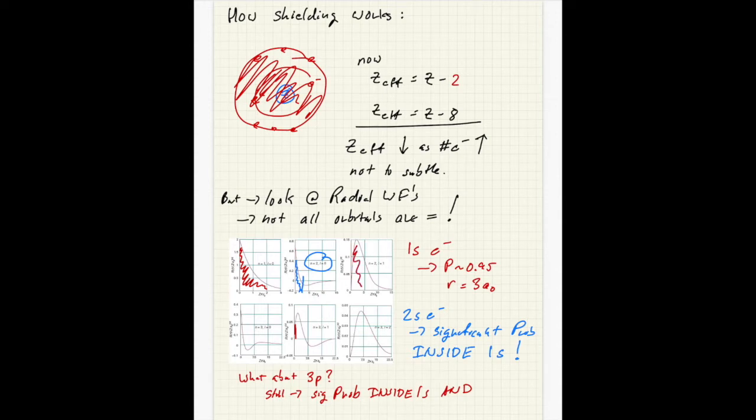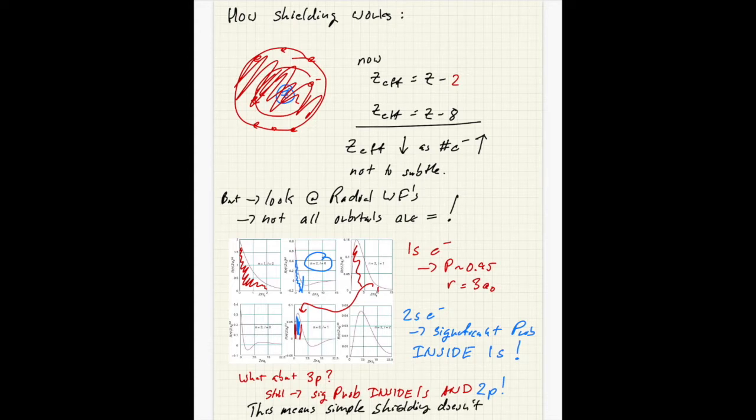But you can imagine that with the 2s electrons, 2p electrons, and so on, you wind up with very different penetration. For example, a 2p electron has a pretty high chance of being inside a 3s electron, and likewise a 3p electron has a pretty good chance of being inside a 2p electron.